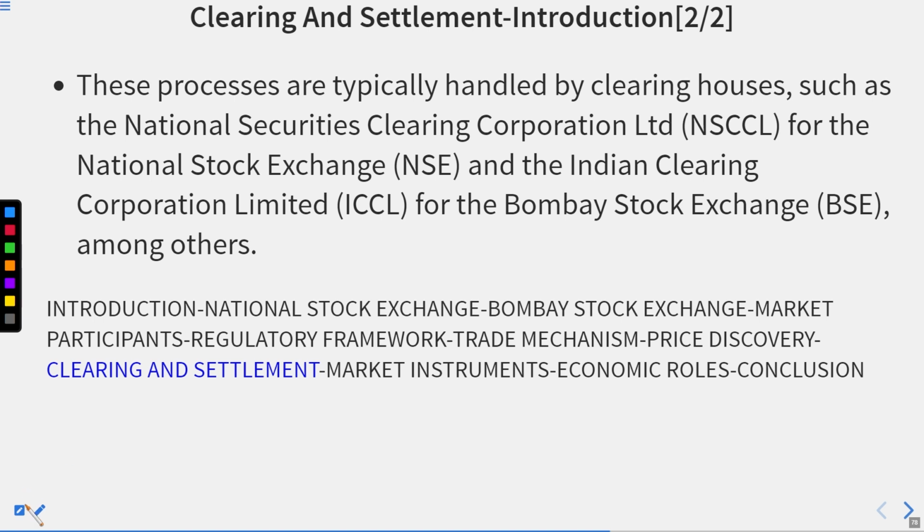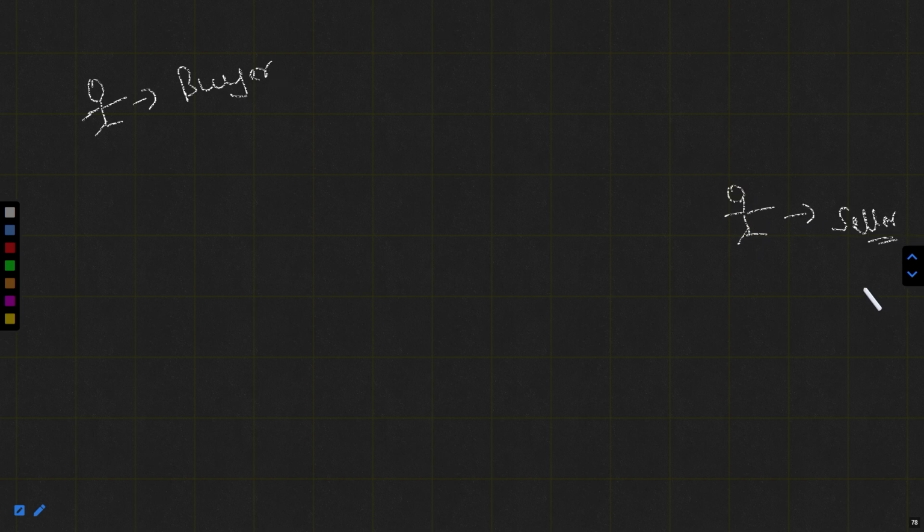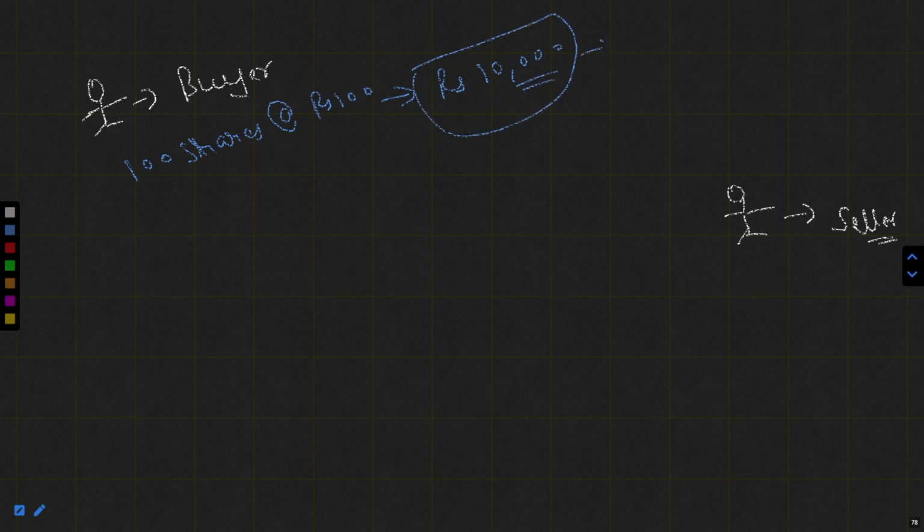So basically, suppose this is the buyer and this is the seller. The buyer was offering a price for 100 shares at rupees 100. It means a total of rupees 10,000 is a bid.